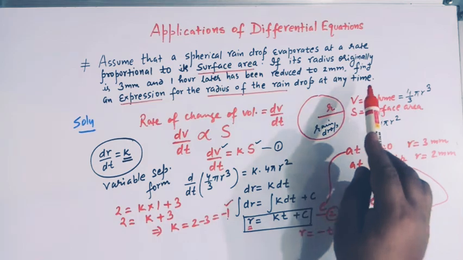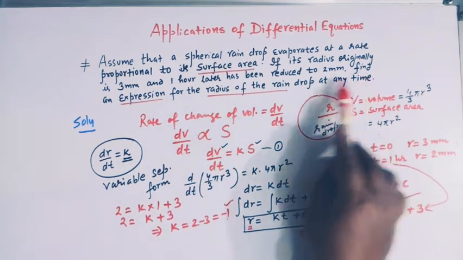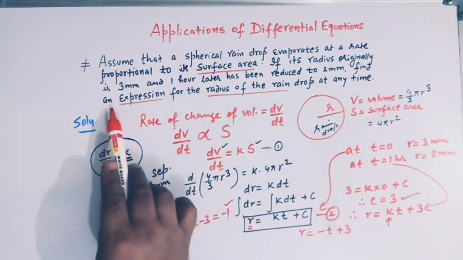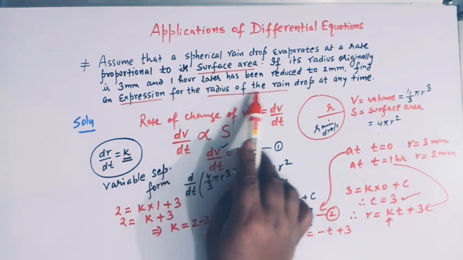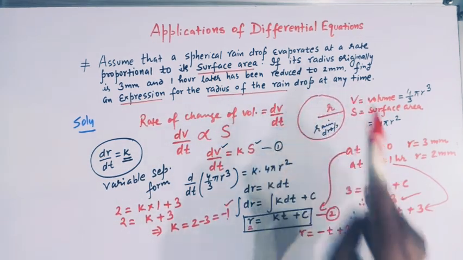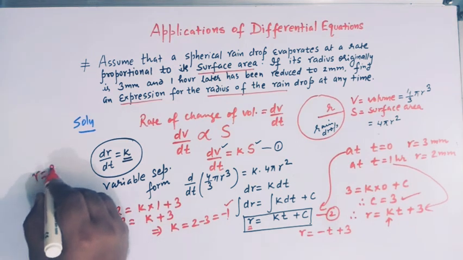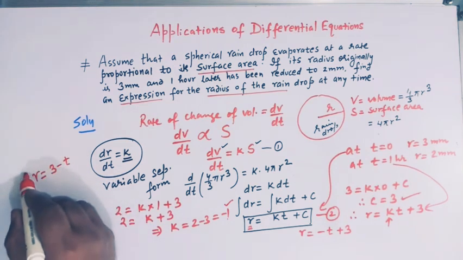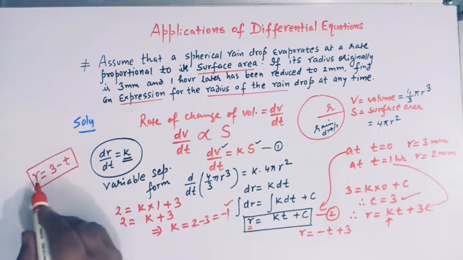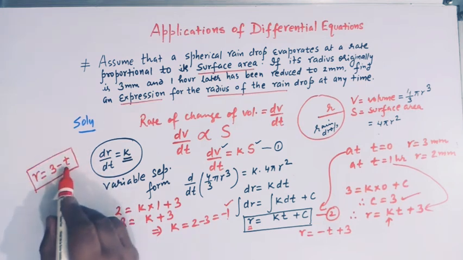What we want is an expression for the radius of the raindrop at any time. So r is equal to 3 minus t. This is the relation between the radius and time.